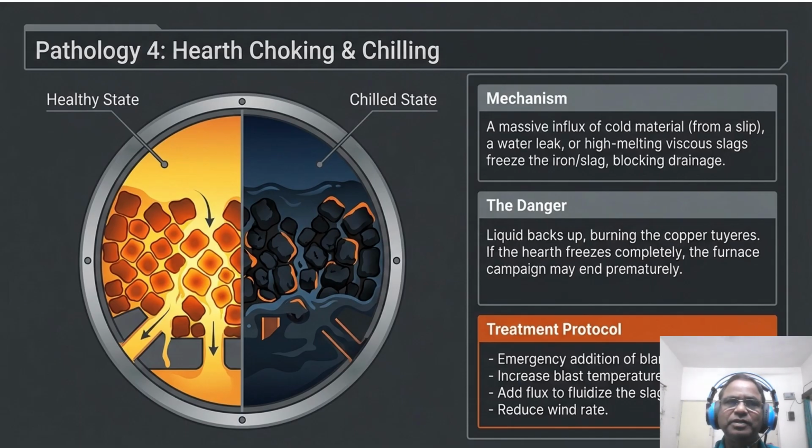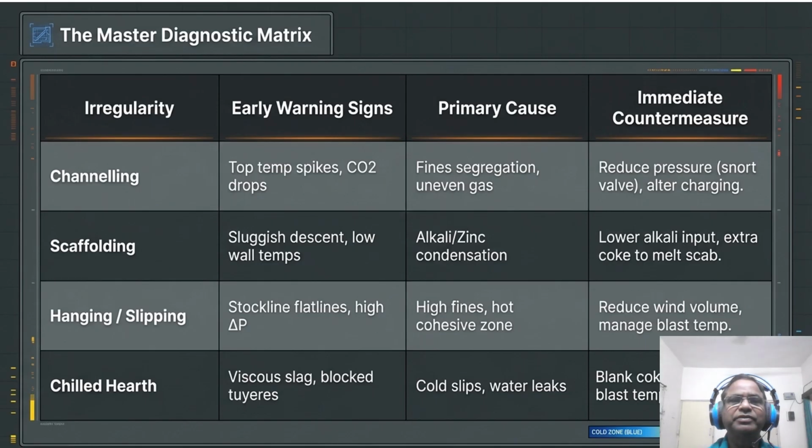So we have to fight all these emergency situations pretty well, and for this we have to take combat action also, like we fight this with emergency blank coke charges or increased blast temperatures too.